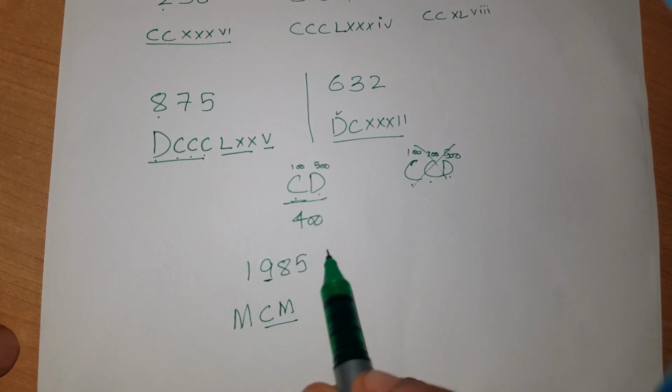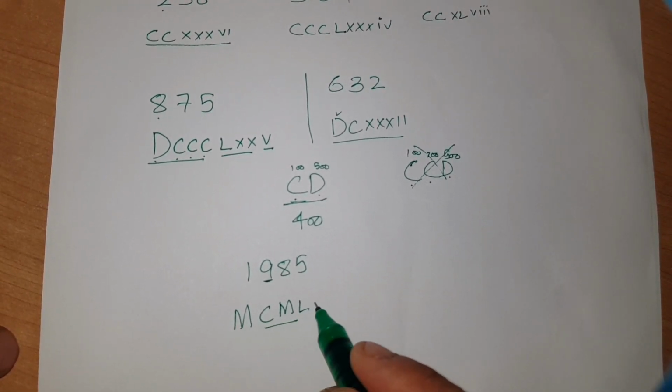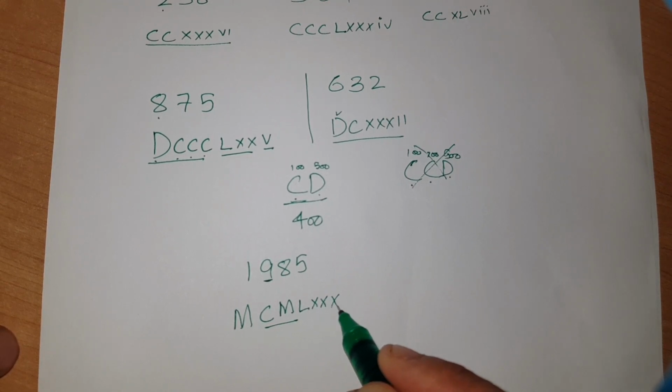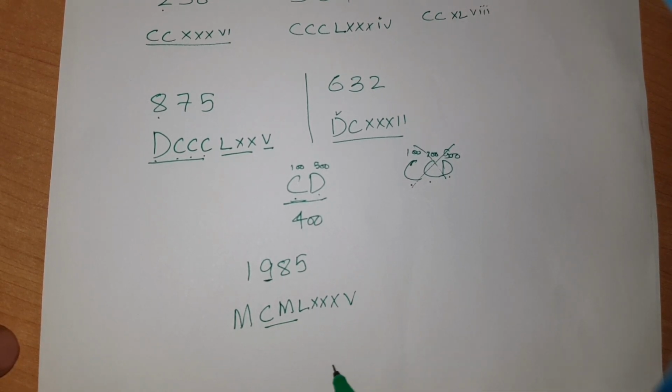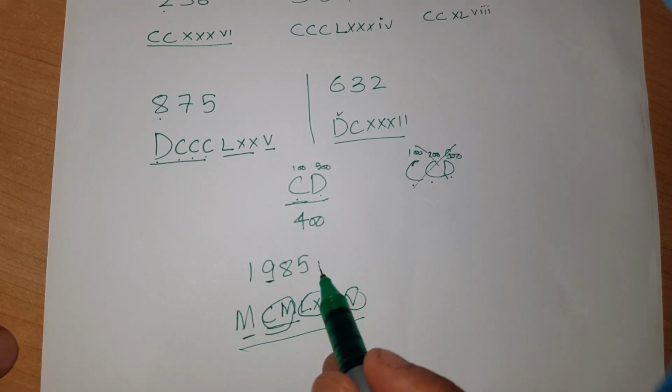For 8, this is not 8, remember this is 80. So for 80, 50, 60, 70, 80, and this is 5. So this is the Roman number of 1985.